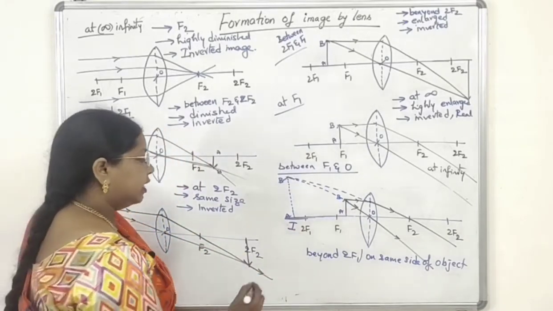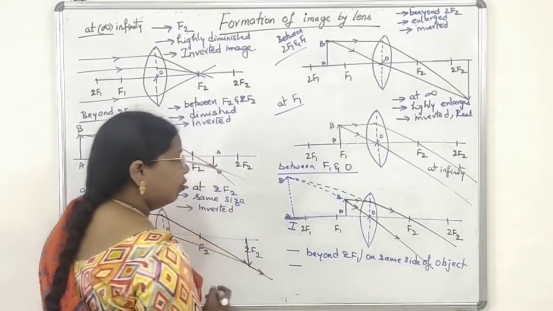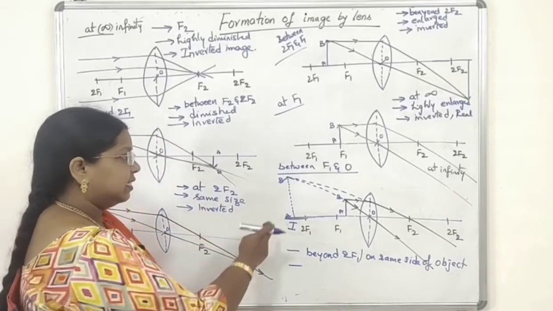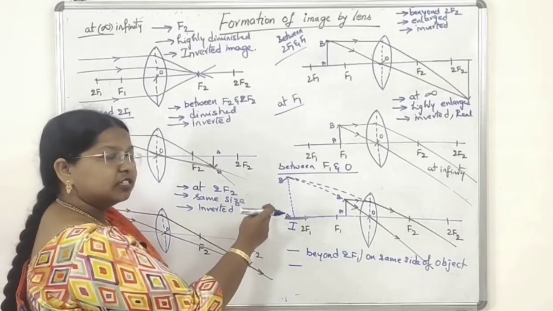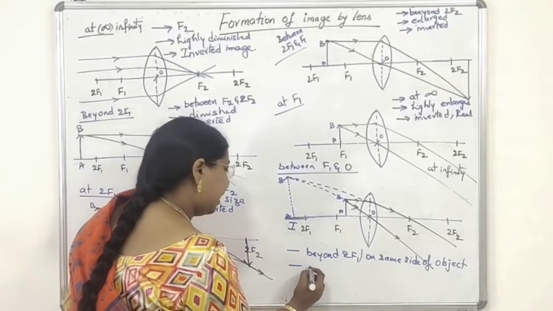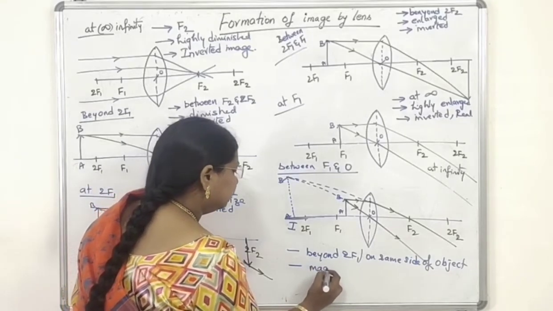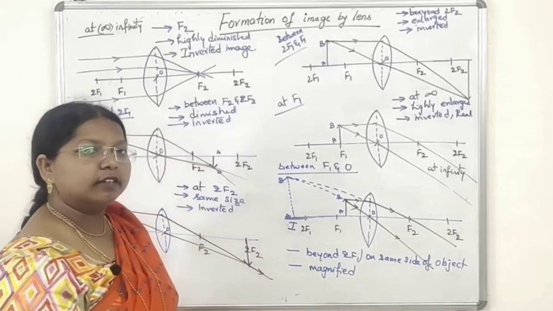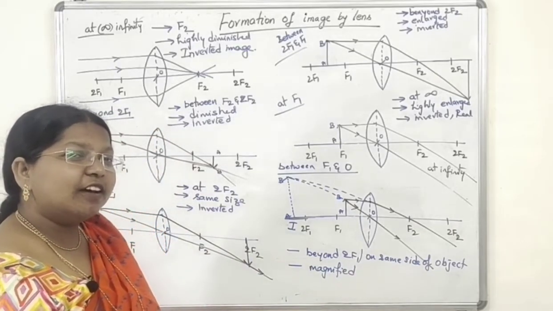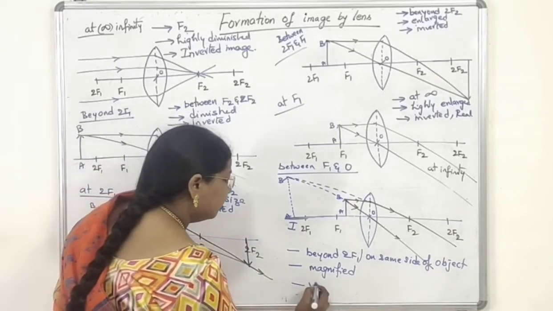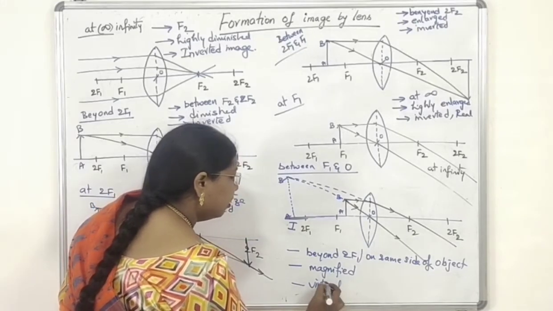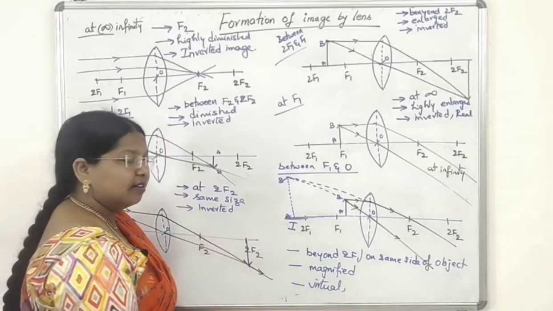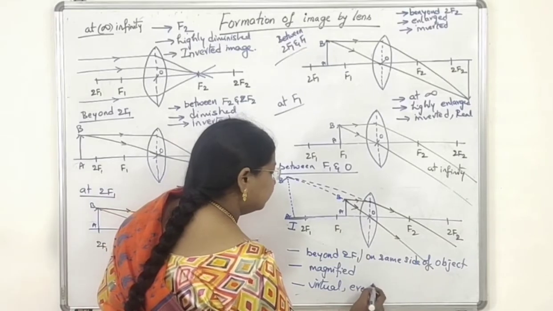Okay. Next. So this is the position. What is the size? Enlarged or magnified. You can use any word. Next. What is the nature? Virtual. All virtual images are erect.